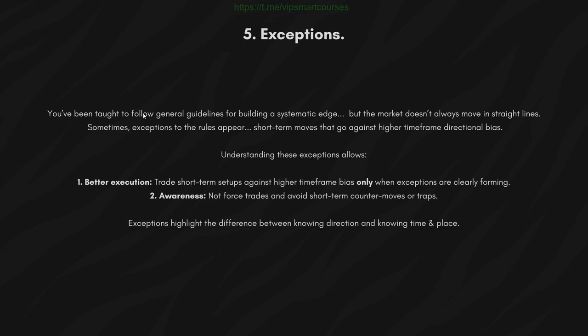Now today is Friday, and even though the bias is bullish and we have a bullish context on the 4-hour, what usually happens is you try to take a bullish trade off of that 4-hour context, you lose that trade, and price goes against the higher time frame bias and makes a counter short-term move on Friday. That's an example of an exception where the market goes against the higher time frame bias.